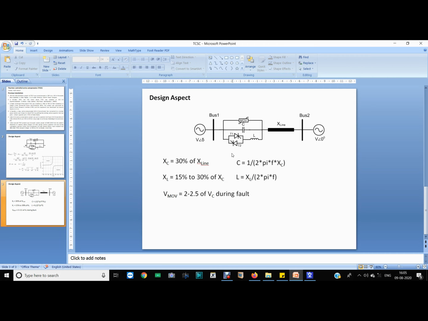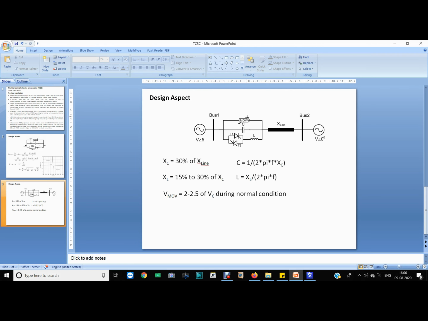Multiply it with 2 to 2.5. No, sorry, this is during normal condition, this is not fault condition. Normal condition. Okay, right. Now whatever the voltage across capacitor in normal condition, just multiply it by 2.5 times.